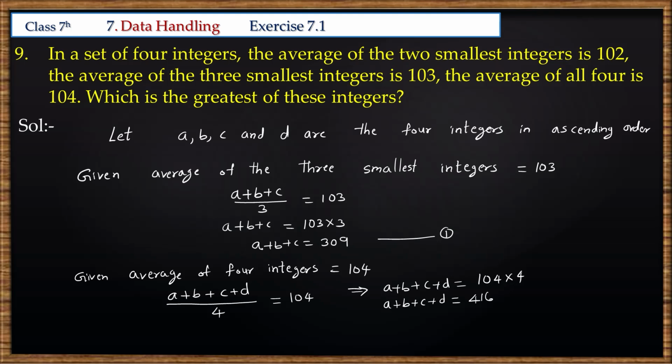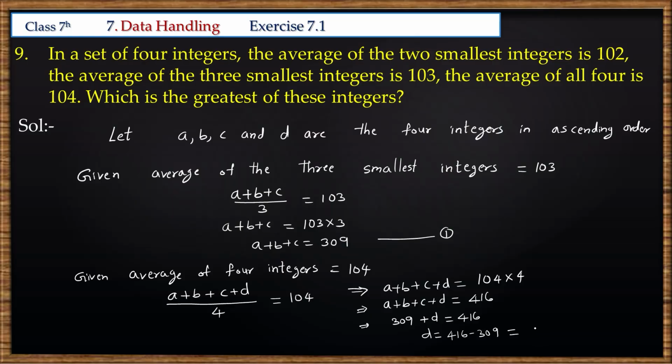We know that a plus b plus c is 309. So substitute a plus b plus c with 309. That implies 309 plus d is equal to 416. d is equal to, transpose 309 to the right side, it will subtract, 416 minus 309.